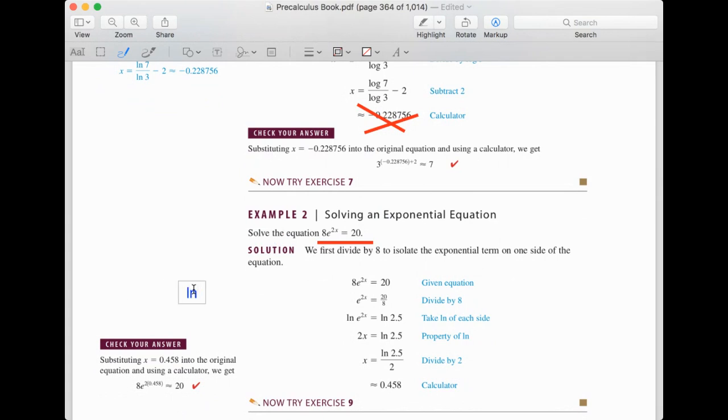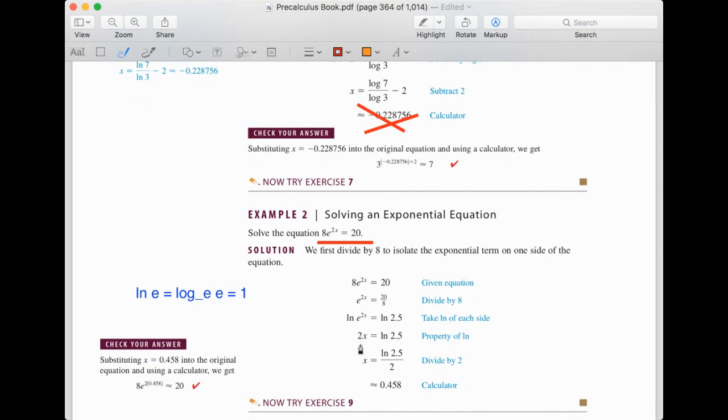So ln e equals log base e of e, which equals 1. Whenever the base and the inside of the log are the same, that equals 1.